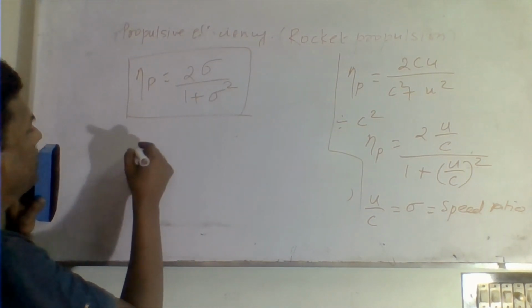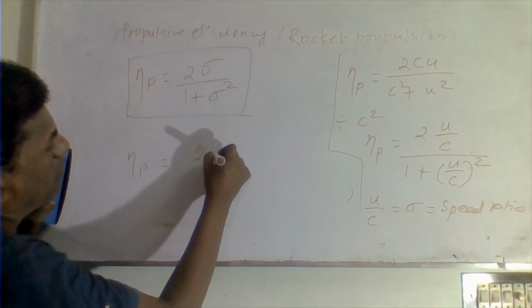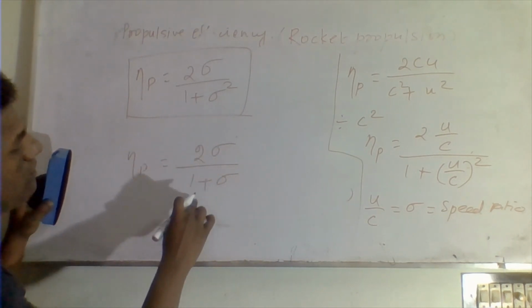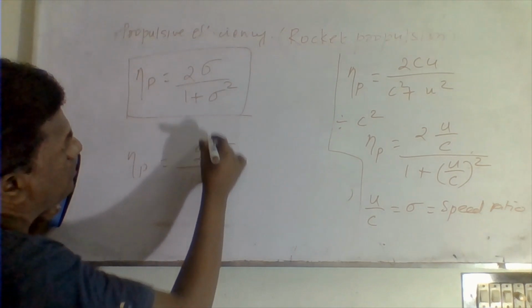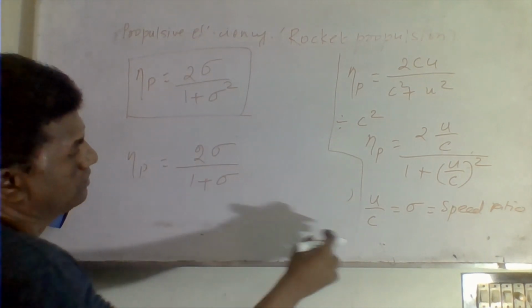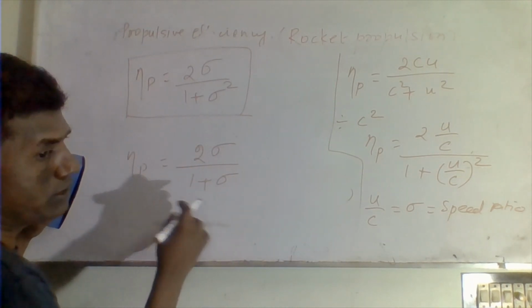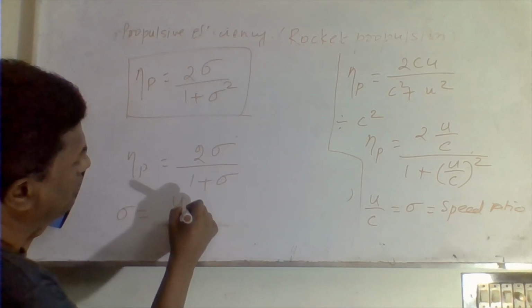In jet propulsion, we know that the propulsion efficiency becomes 2 sigma divided by 1 plus sigma. So we must understand that here it is sigma, and there sigma square. In both, sigma is a speed ratio, but the velocity components are different.